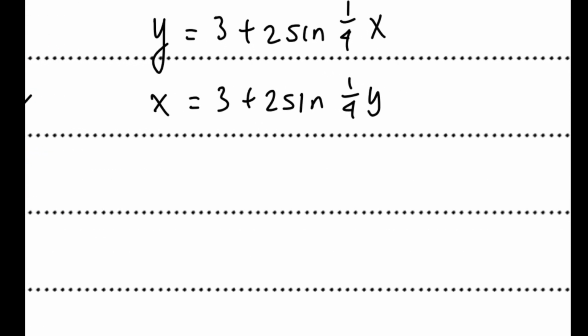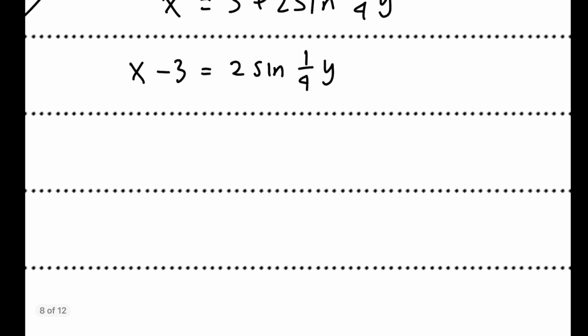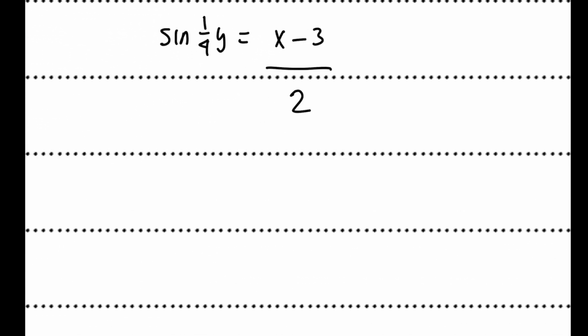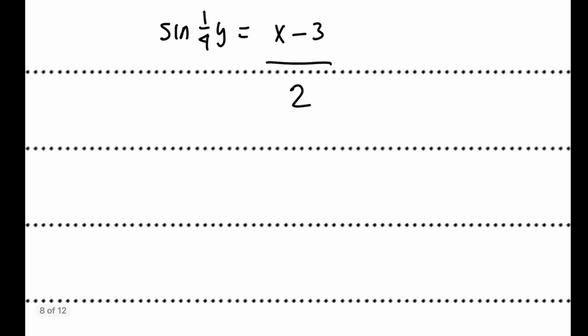Let's see here. We can isolate the y, so we can subtract both sides by 3. So x minus 3 equals 2 sine 1 over 4y. And then we divide both sides by 2. You will get sine 1 over 4y equals (x minus 3) over 2. Now, because we want to isolate y, we need to get rid of sine. How do you do that? We use the sine inverse concept.